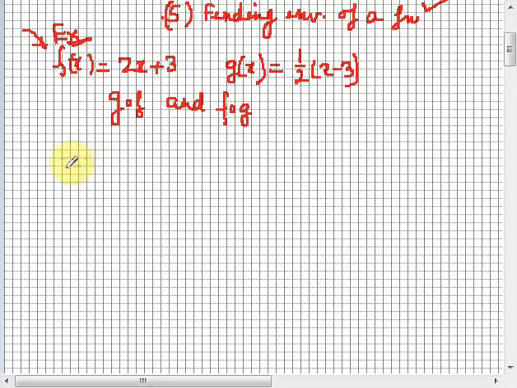Now we want to find GOF. GOF is equal to g of fx.